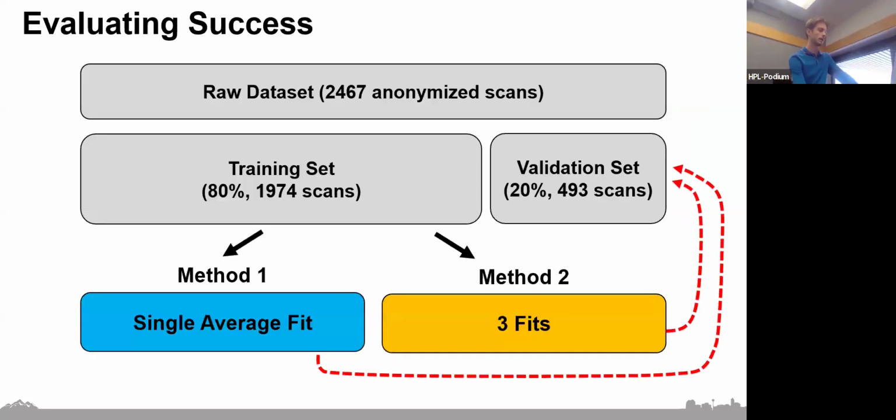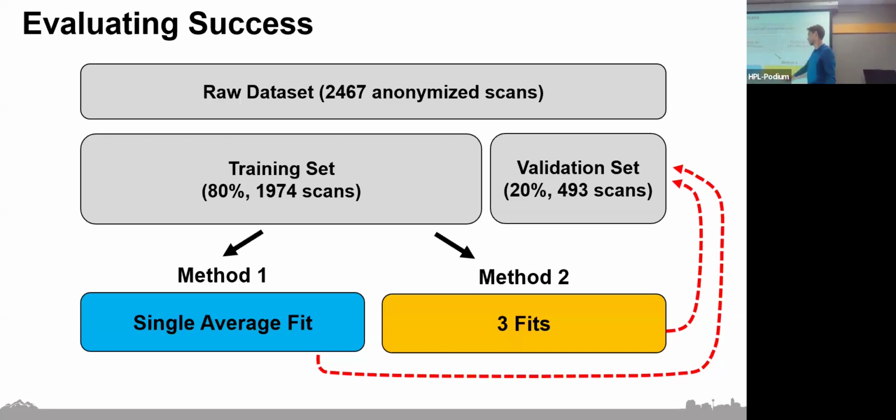Sure. So I think the best slide I have to potentially explain this would be that the fits were generated in order to evaluate the success. The fits were generated from a training data set. So imagine this validation data set as way off to the side.